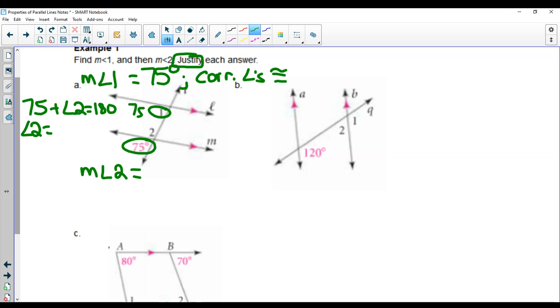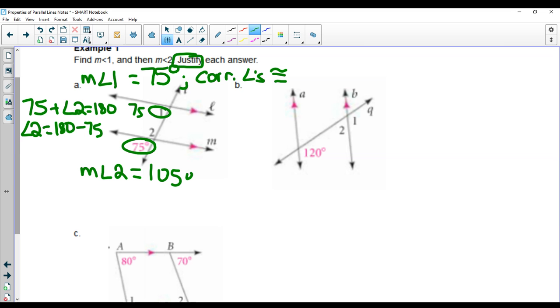So with a little subtraction, we would say angle 2 is 180 subtract 75. Well, what's that? Let's figure that out. I have to grab a calculator because I can't do that in my head. I should be able to. Let's see. 180 subtract 75. There we go, 105. So this is 105 degrees.